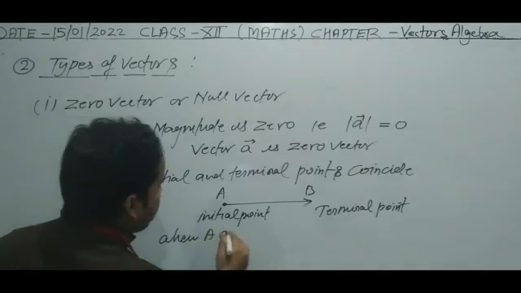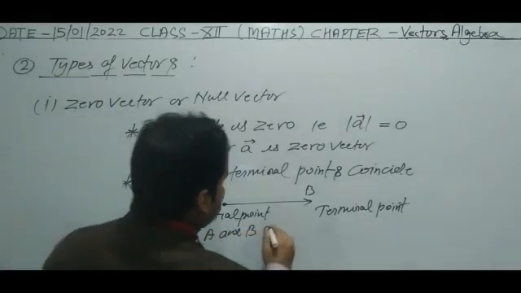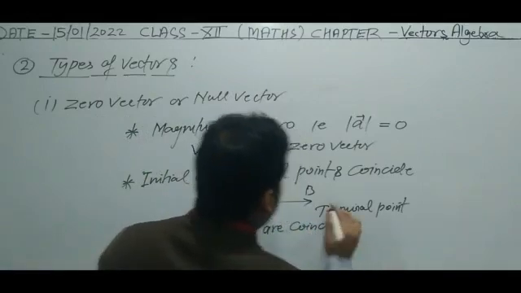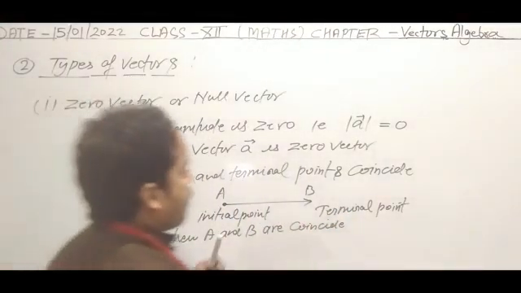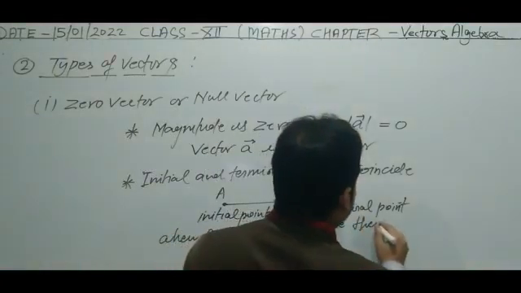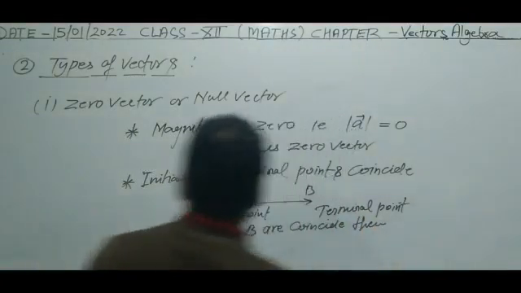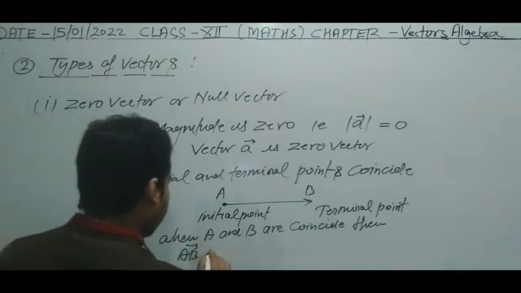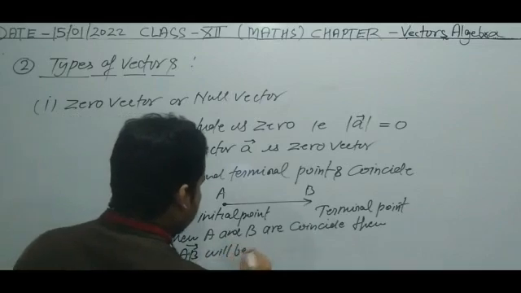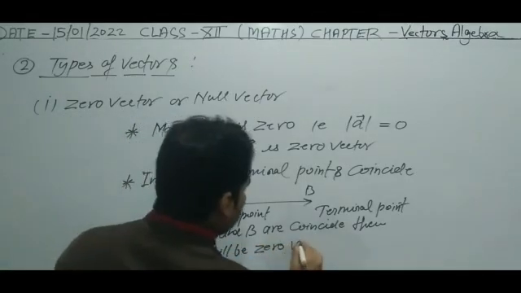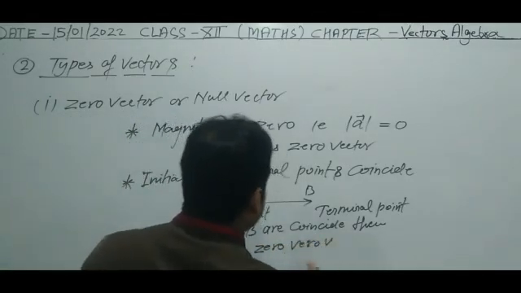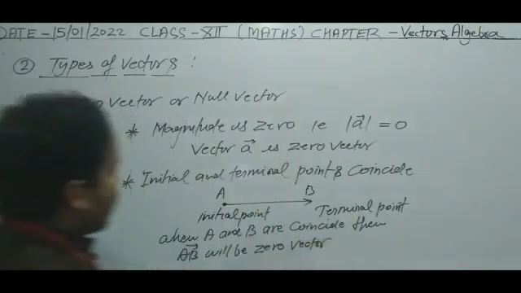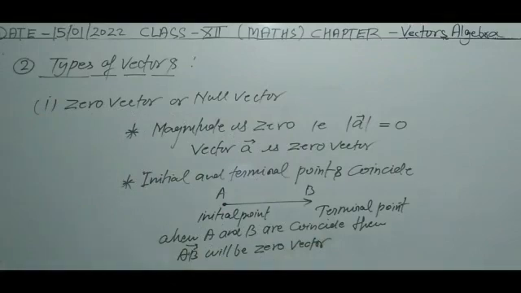When A and B coincide, then the AB vector will be a zero vector.